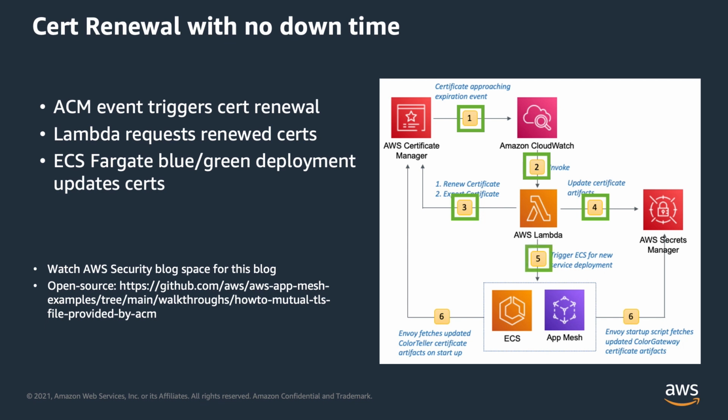And then it will trigger the ECS, because our app mesh is running inside the ECS Fargate containers. It will trigger the ECS for a blue-green deployment, so that whatever containers are running and handling requests can retire gracefully. And as new app mesh nodes are coming up with new Envoy proxies starting up, they will fetch their server-side certificates from Certificate Manager and the client-side certificates from the Secrets Manager.